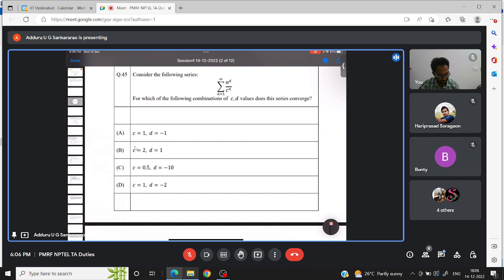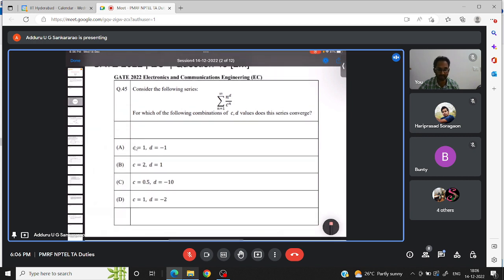Okay, so it's an infinite summation, n is varying from 1 to infinity, and you have two constants here, c and d. Now we need to check for which given combination it will converge. Converge means, you know, right?